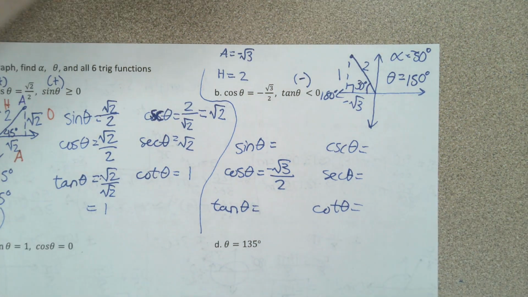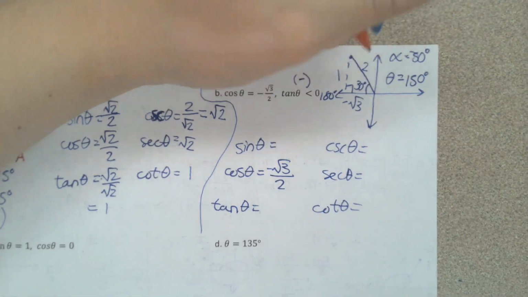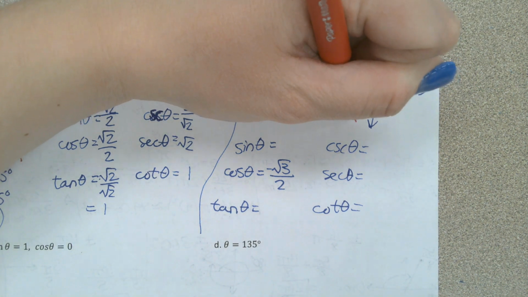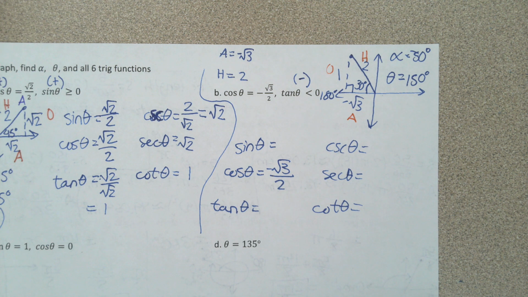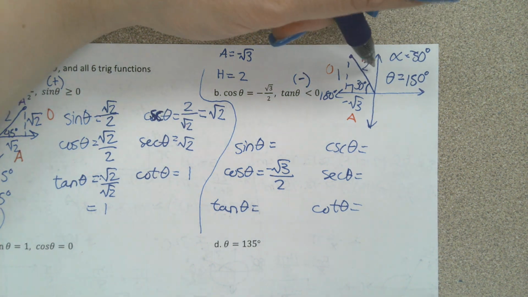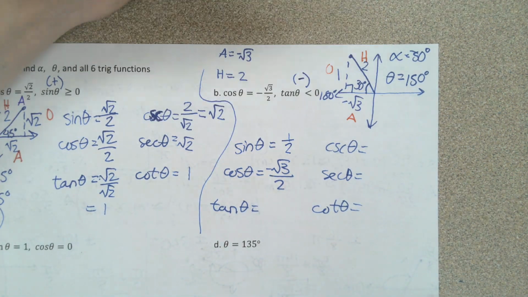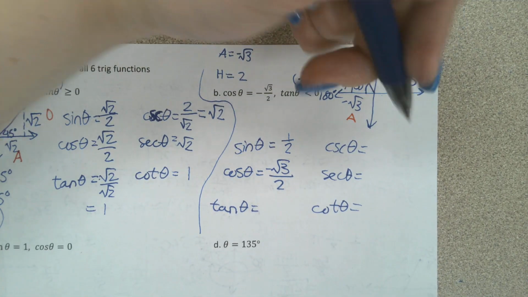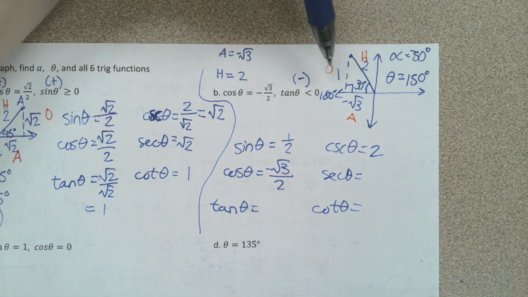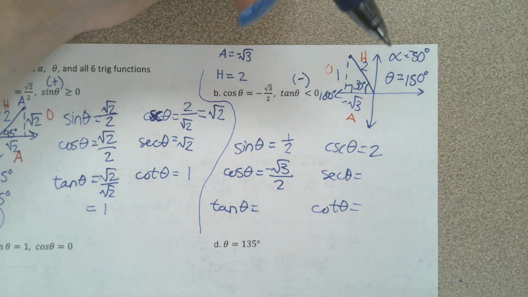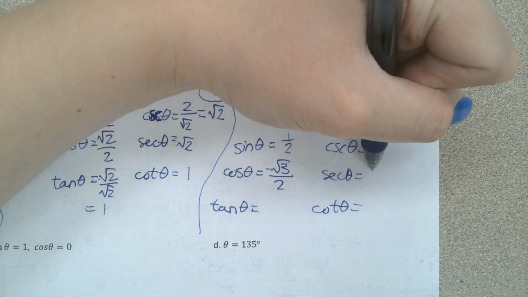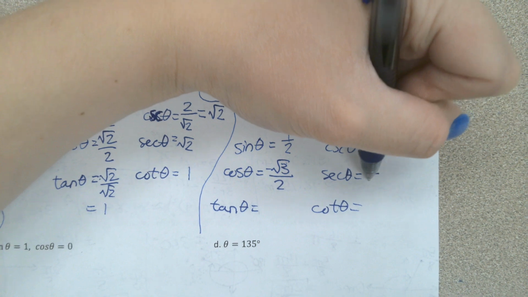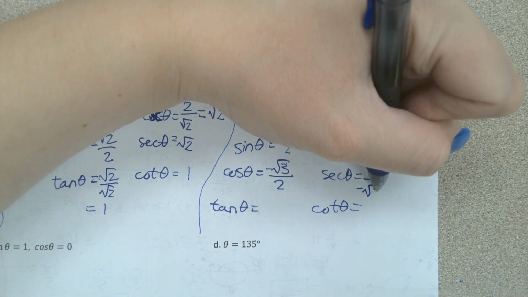Sine, O over H. O is always the vertical, A is the x, H across from the 90. O over H. O is 1, so it's going to be 1 over 2, 1/2. I'm going to go ahead and flip that to get 2 for cosecant. And then cosine, negative rad 3 over 2. Flip that. We have 2 over negative rad 3.